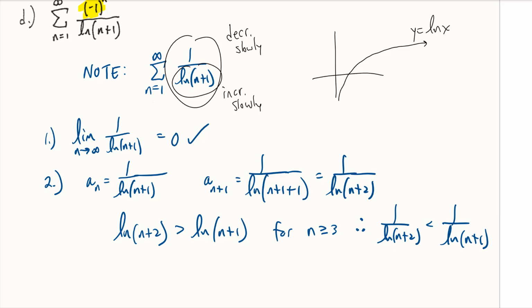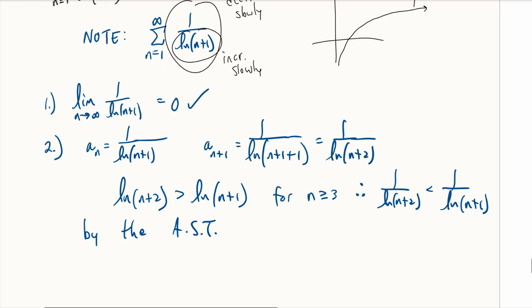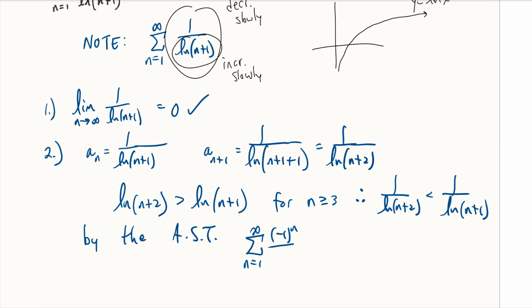They're monotonically decreasing. So by the alternating series test, we have now shown that the given alternating series, let me make sure I got it right, converges. So it's at least conditionally convergent.